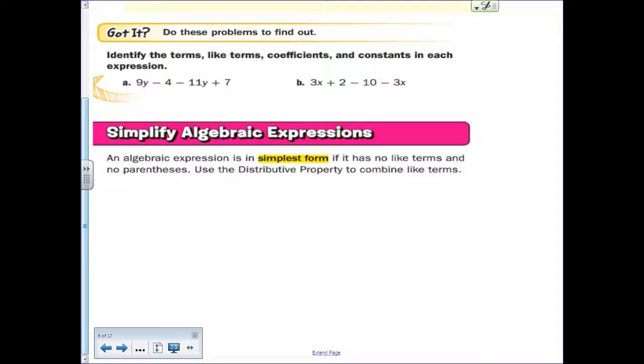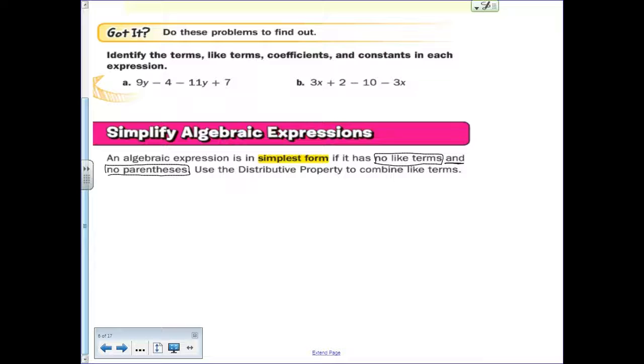The bottom of page 388, it says simplify algebraic expressions. An algebraic expression is in simplest form if it has no like terms and no parentheses. It can have neither one of these things. Today, we're mainly focused on having no like terms.